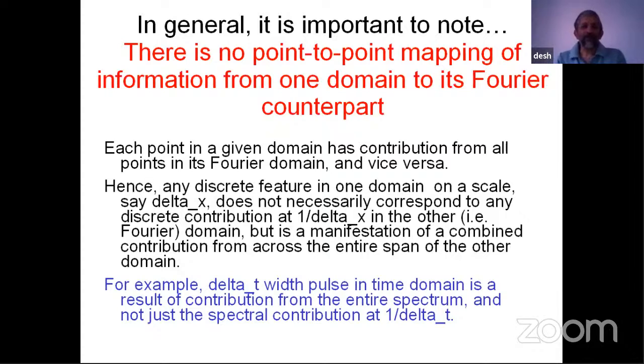If it's nice and tall, that doesn't mean there is a discrete, tall or recognizable contribution at a frequency which is 1 upon delta x, or a Fourier component at 1 upon delta x. Remember that every point, as you saw in the integral, every point in one domain is contributed to by all points in the other domain.